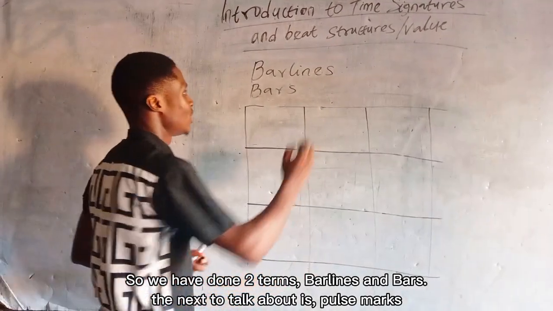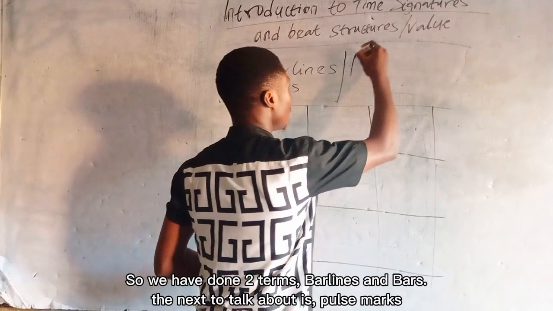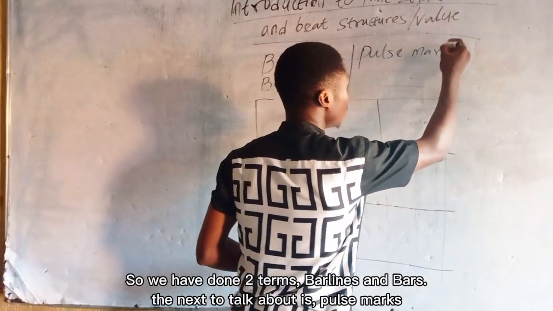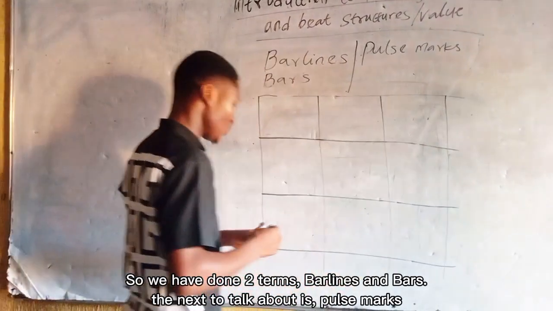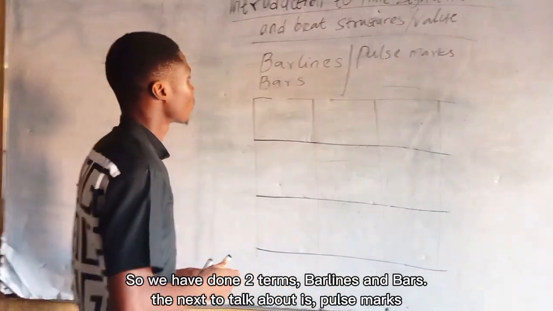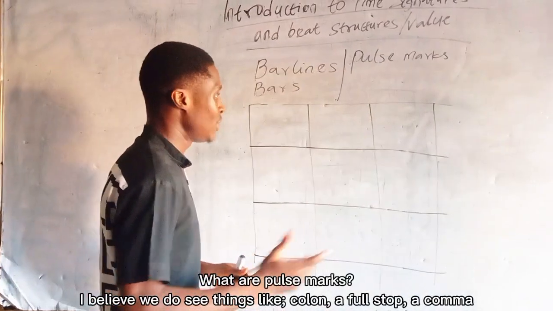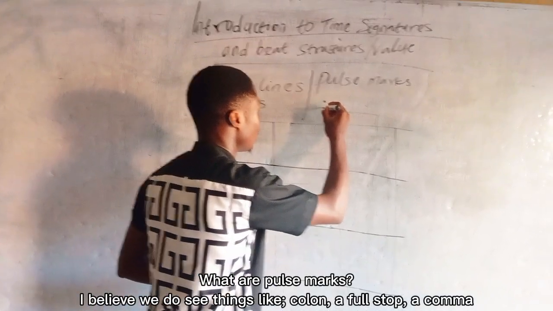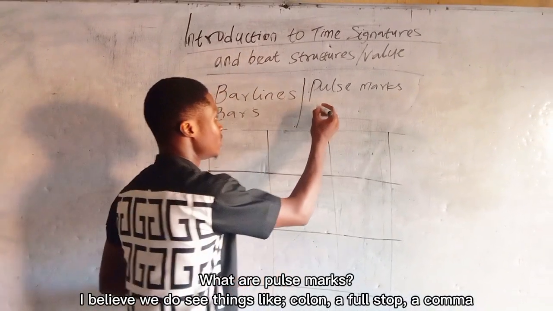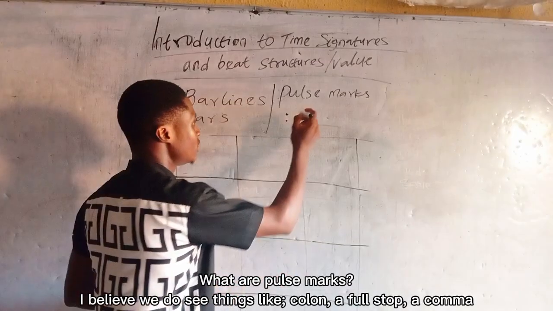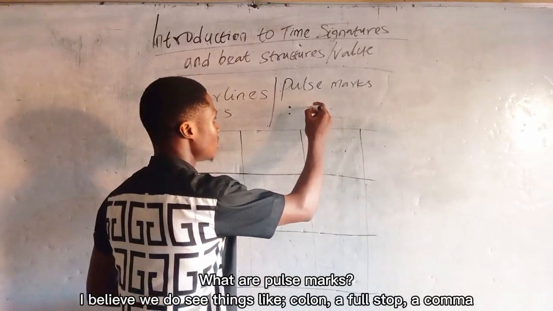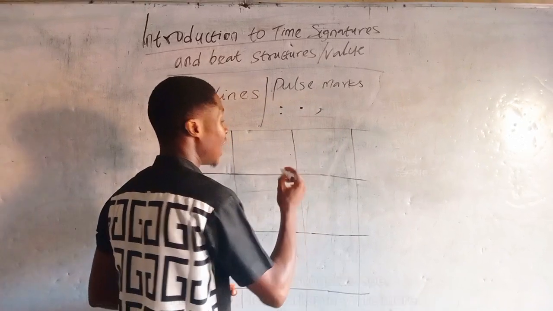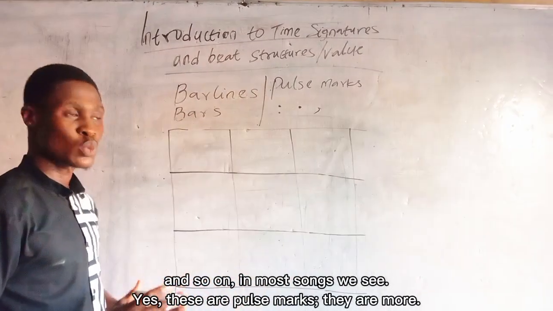The next term we talk about is pause marks. What are pause marks? I believe we do see things like a semicolon, a colon, a full stop, a comma, and so on in most songs we see.